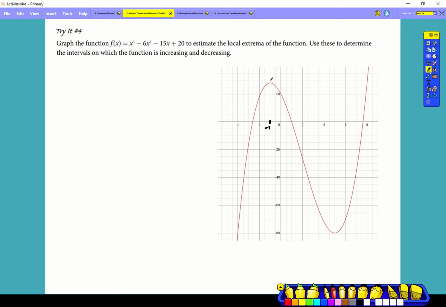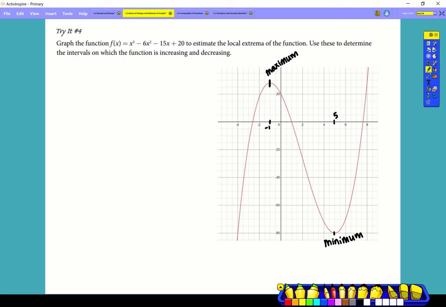So I'm going to say right here is a maximum. So that's going to be dividing one of my increasing and decreasing intervals. And then I notice here, which must be 5, is the minimum, which is also dividing my intervals.